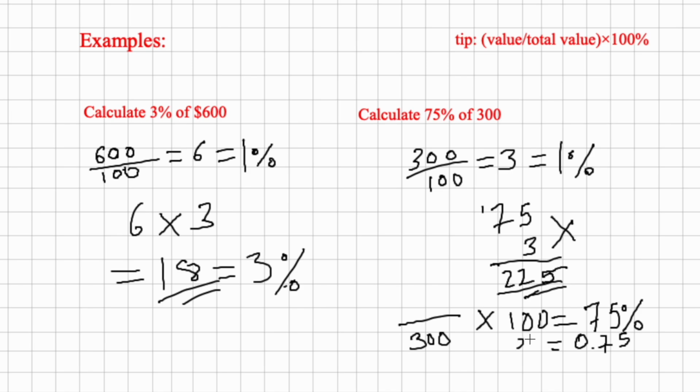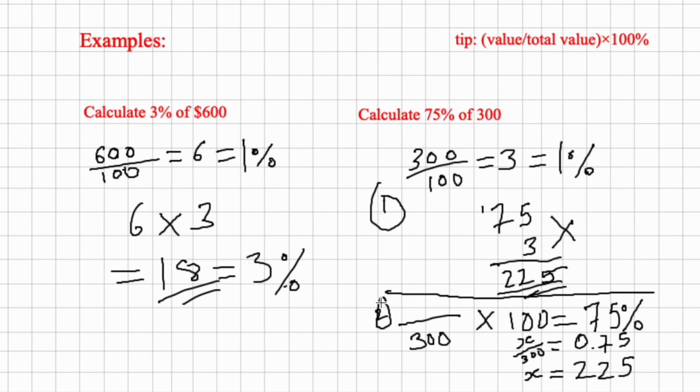So x over 300 will give us that. In order to find x, times both sides by 300, it will give us 225. Okay, so that's one method to do it, and that's another method to do it. Okay, which both give us 225 as the answer.